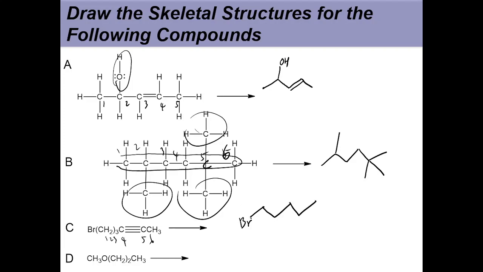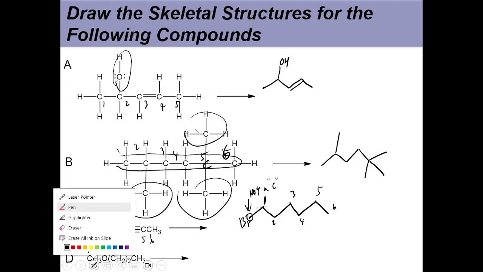Now you have to be careful, even though we usually don't show the letter C with the bromine, you have to recognize this is not a carbon. The actual first carbon starts from here, and there's a carbon-bromine bond. And second carbon, 3, 4, 5. You need 6 carbons, so you need to draw one more.